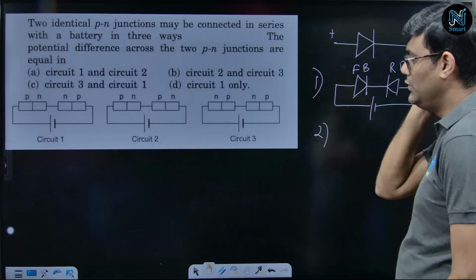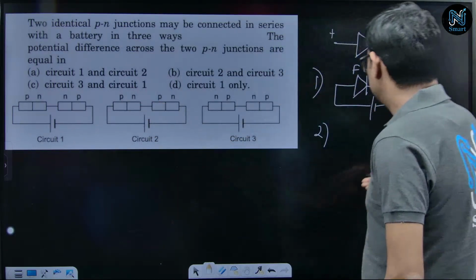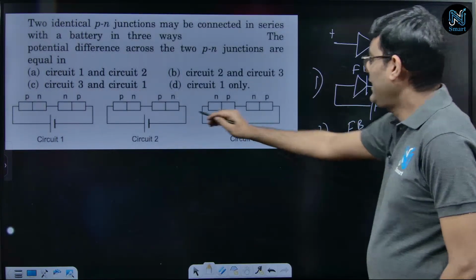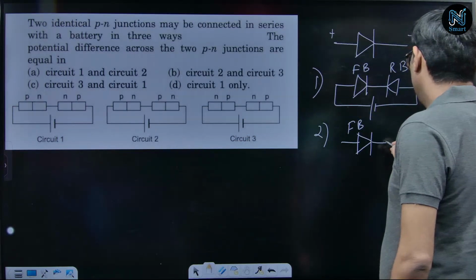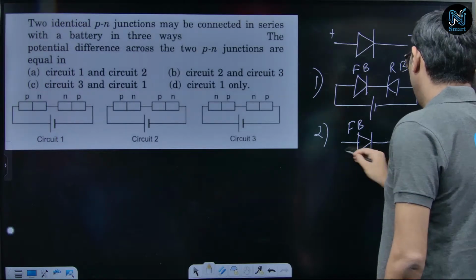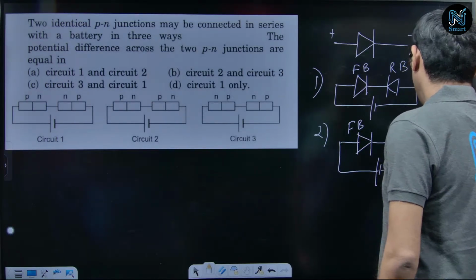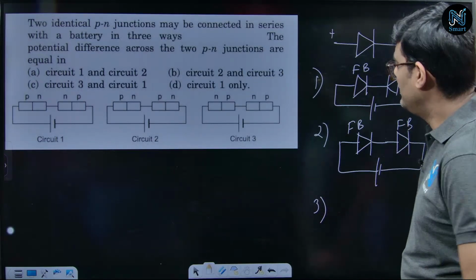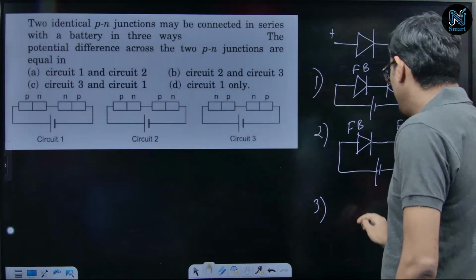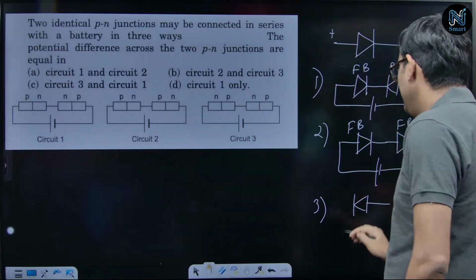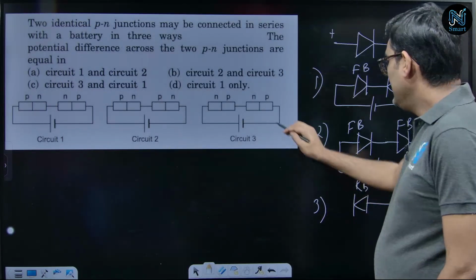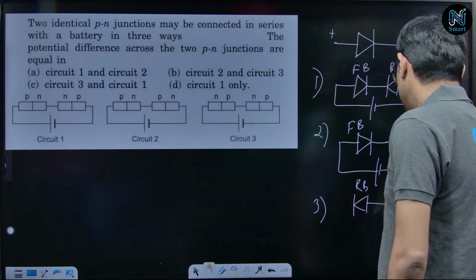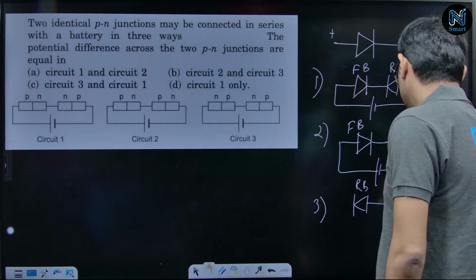In circuit 2, the P side is connected with positive, so it is forward biased, and the N side is connected with negative, so again forward biased. In circuit 3, the N side is connected with positive, so it is reverse biased, and the P side is connected with negative, so it is another reverse bias.